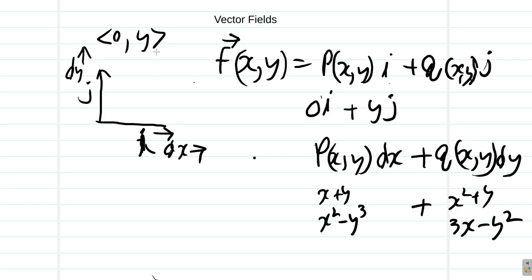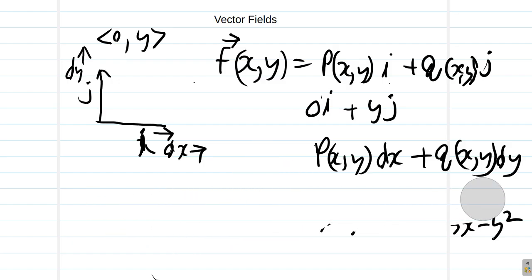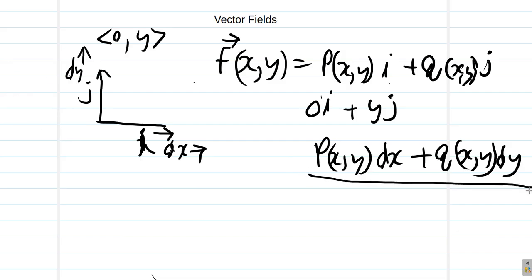But in this case, what this vector is showing is 0 dx plus y dy. Alright? So the way that we'll be writing vectors, the most common way is this: a function of xy dx plus a function of xy dy.